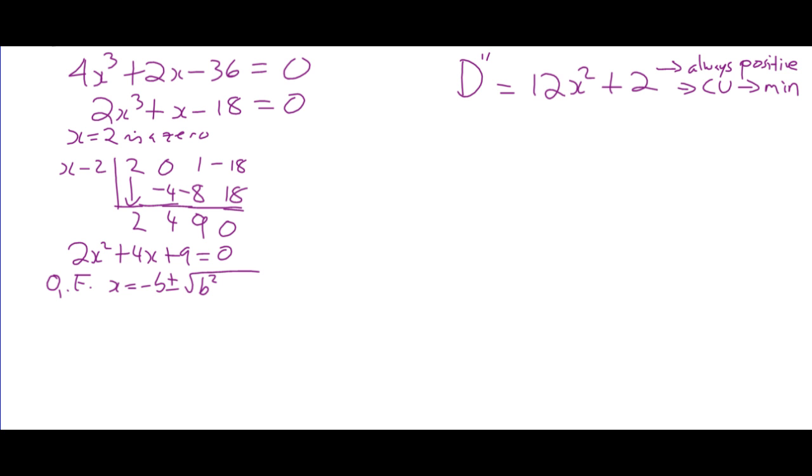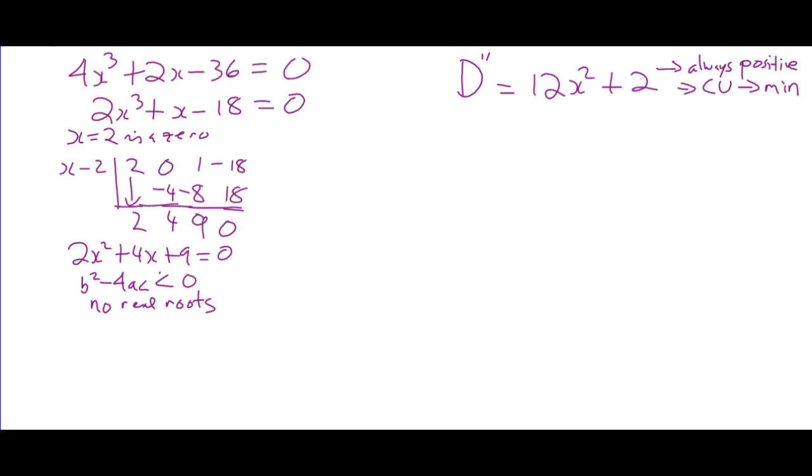Wait a sec, there's something I just taught the 20s the other day. If a is positive and c is positive, then b squared minus 4ac could be negative, and in this case it will be, because b squared is 16 and 4ac is going to be like 72. So b squared minus 4ac is less than 0, no real roots.